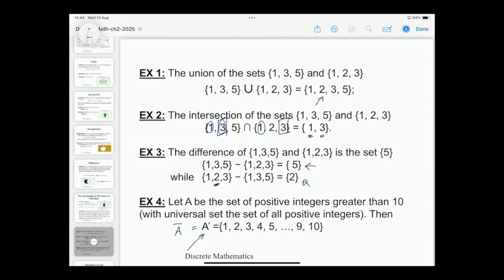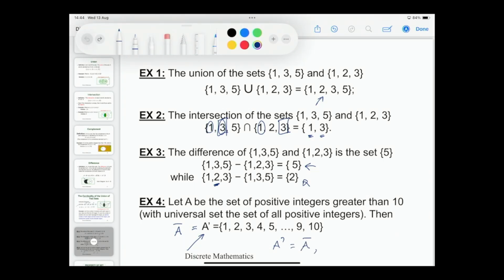It looks like A, but actually it's not A. Just like when we type, it's easy to make it this way instead of finding a symbol and putting it on top. So it's like A prime. A prime, that's A bar, or this is not A.